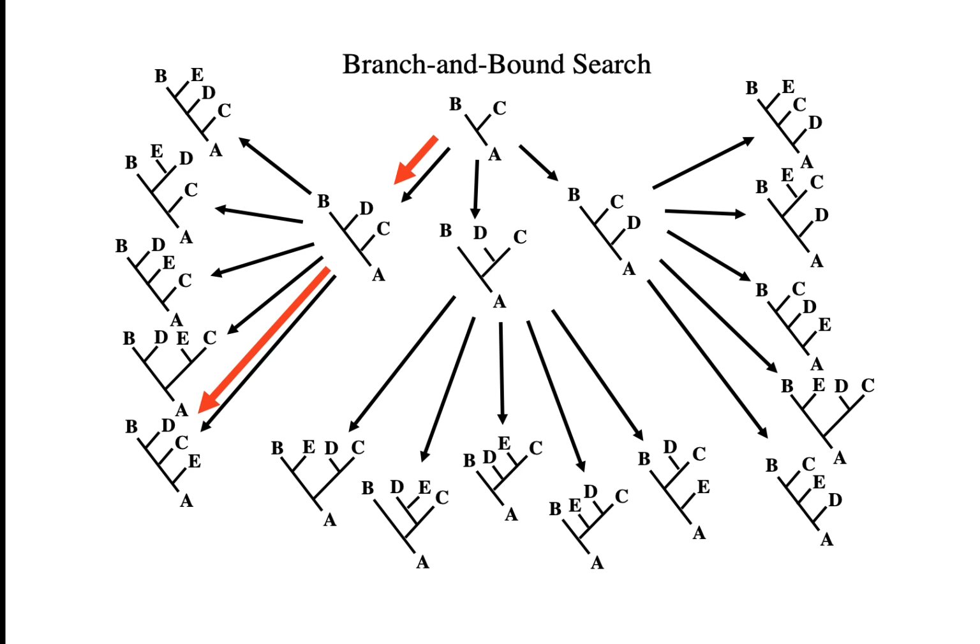The first thing it does is it moves out on that search tree to one of the final branches at the end, and it then calculates the number of steps based on the data that it takes to build that particular phylogenetic tree.